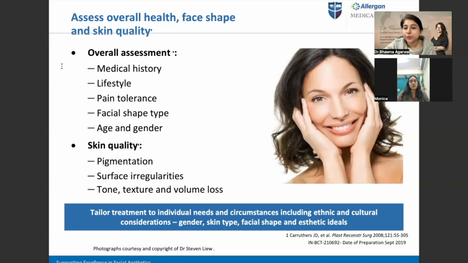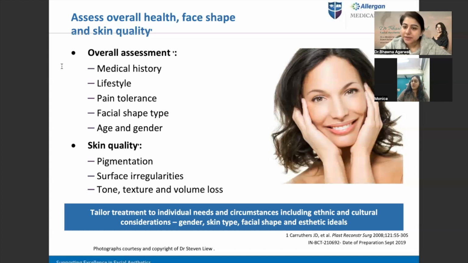It is also important to know the pain tolerance, because if you are injecting and the patient is making noise and howling and shouting, your working space is getting disturbed, your head space is getting disturbed, you won't be able to focus on your procedures, and you will be in a hurry to finish the procedure just to stop that pain. Which should not happen.